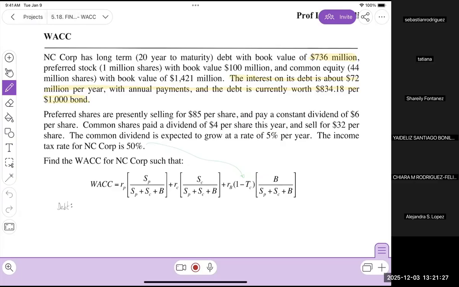What do we do with all this information? I want the value of debt and I want the return. I want B and I want RB. Do we have either of those guys?